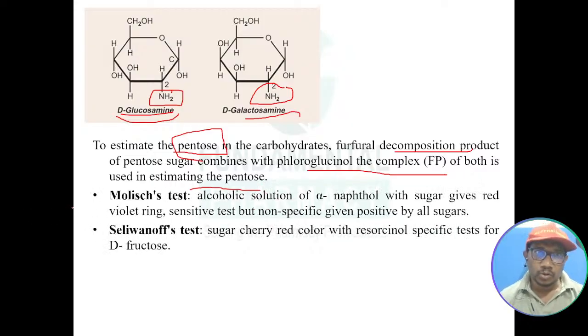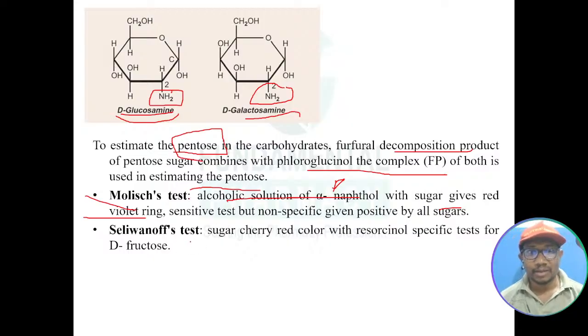तो पहला जो होता है मॉलिश टेस्ट, alcoholic solution of alpha naphthol, the Molisch reagent. Molisch test जो होता है, that is nothing but the alcoholic solution of alpha naphthol. Alpha naphthol क्या है? Phenol. Sugar gives a red violet ring. है ना? क्यों? शुगर का सोल्यूशन में अल्फा नेप्थोल डालने का है आपको, and you have to add acid sidewise.